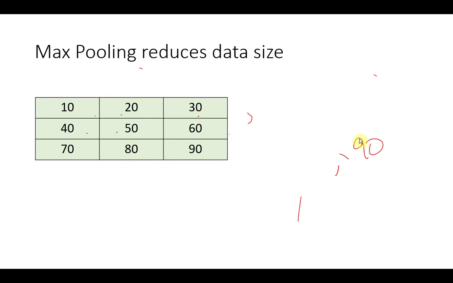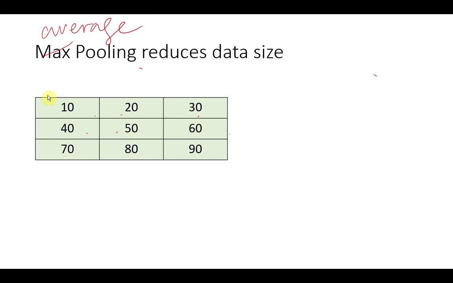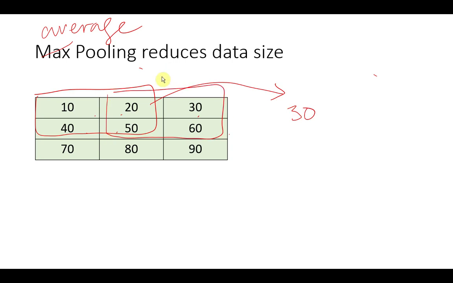Another method is called average pooling. So hopefully once you understand what max pooling means, you will immediately know what average pooling is, right? So average pooling is just taking these 4 and then taking the average, which is 30 plus 90. So that's 120 divided by 4 is 30. And then we move to the next set, which is 50 plus 110.